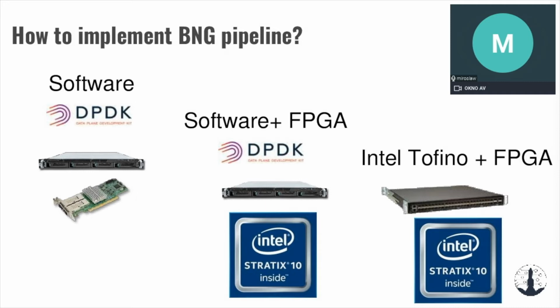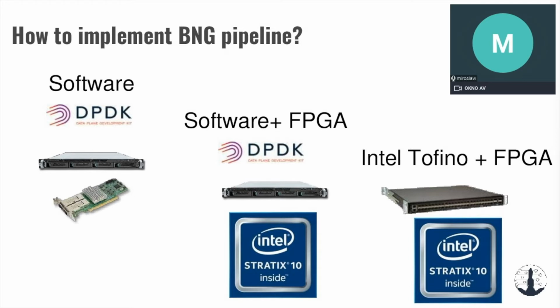And for the BNG case, the most often used case is the traffic manager, which is implemented inside of the hardware. This traffic manager is a block responsible for putting the packets in different priorities, with the highest priority first and the lowest priority at the end.